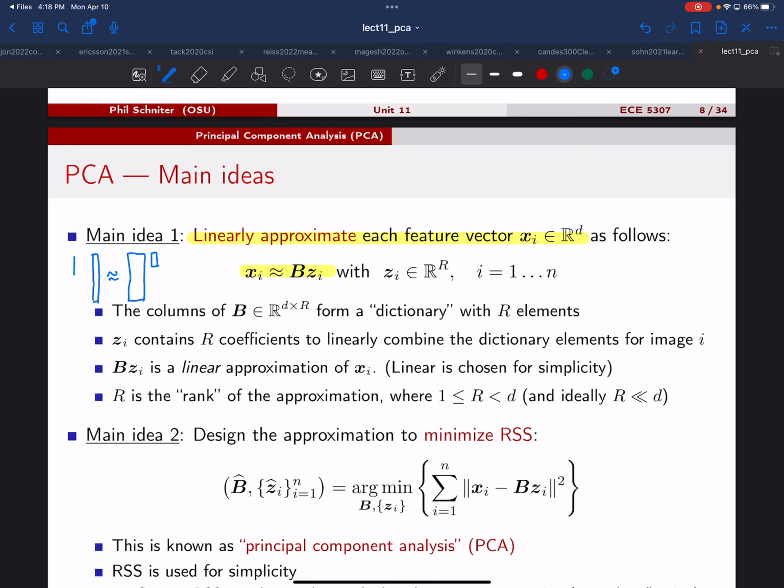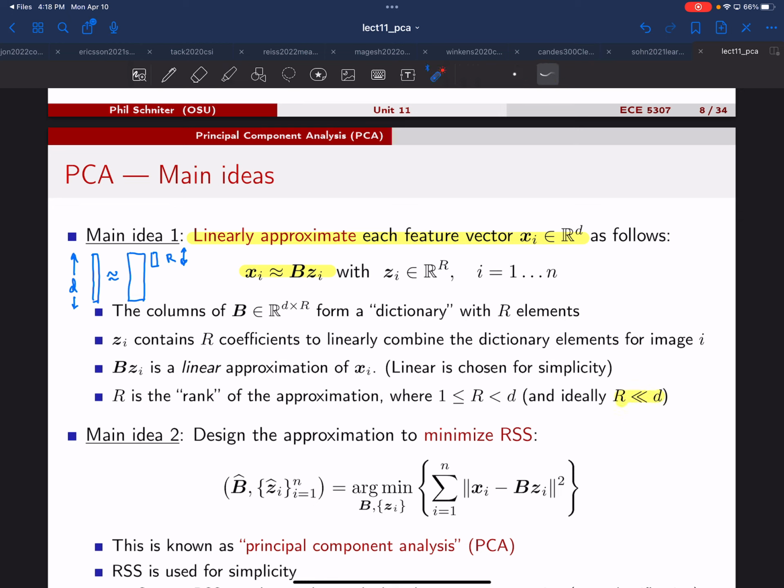So this has dimension d. This vector here is dimension r. R should be much less than d.